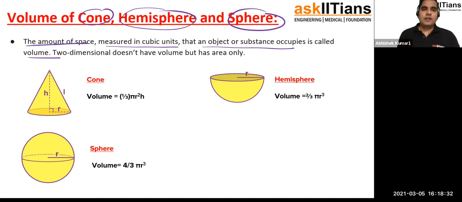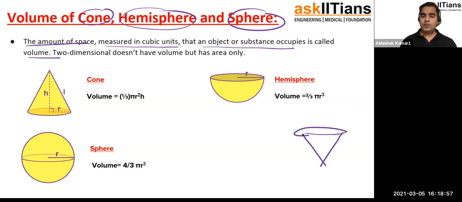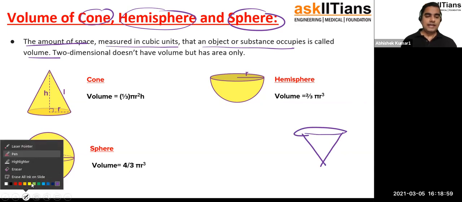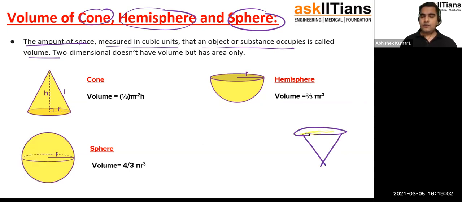Let's say you have a hollow cylinder, or a hollow cone, or a hollow anything. The amount of space that is there in that particular object which is under consideration, we call that space the volume of that object. If you talk about an ice cream cone, let's say this is the ice cream cone you have, what is the volume of this ice cream cone?